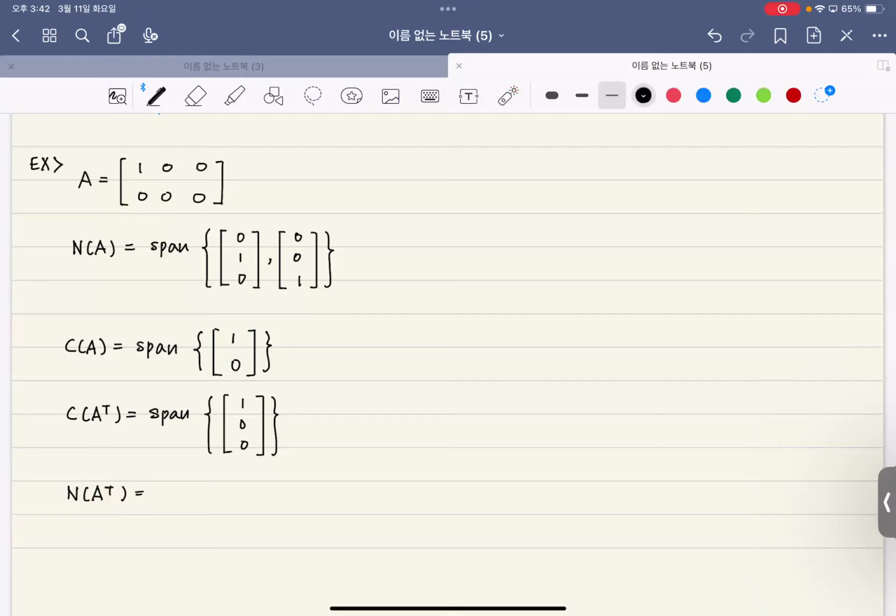I do not know yet. But in this case, since my matrix is so easy, I will need to find a row vector that multiplied by A to the left equals 0. In this case, there has to be only one such vector.